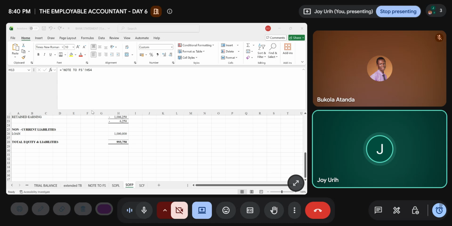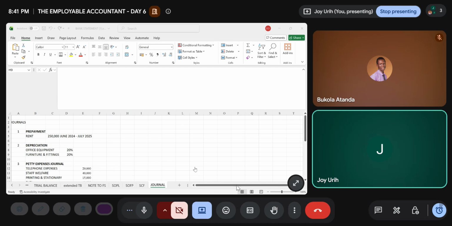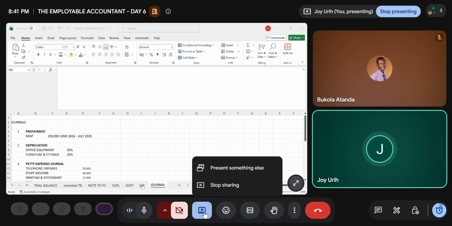Just a moment, please. So there's a sheet called journal that is currently showing on my screen. So they are different. Okay, so there's something I would like to explain before we come to this point.